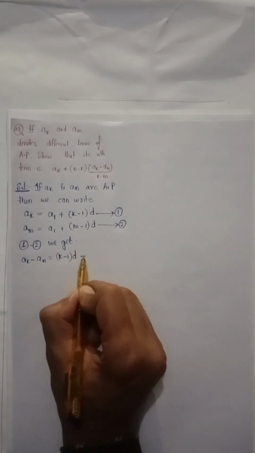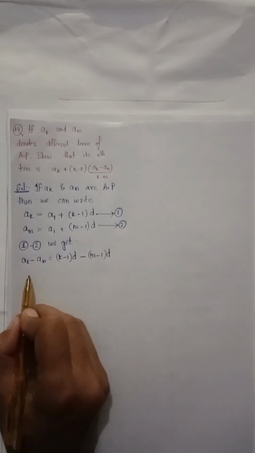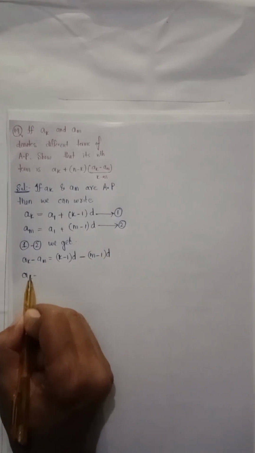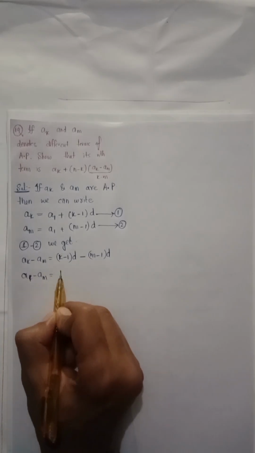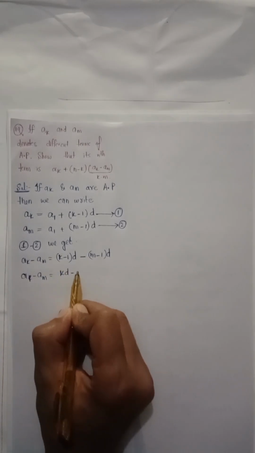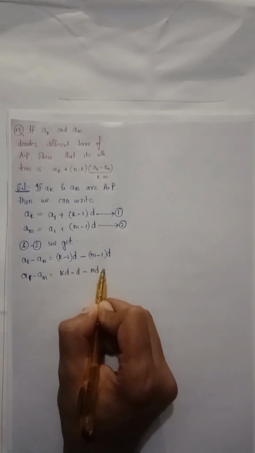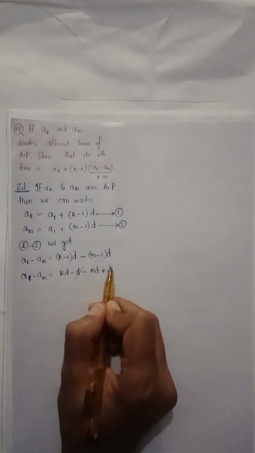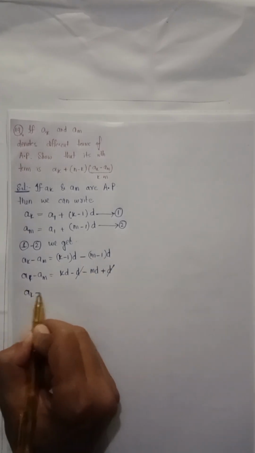In the next step we will expand these: kd minus d minus md plus d. This minus d will cancel this plus d, and ak minus am equals kd minus md.